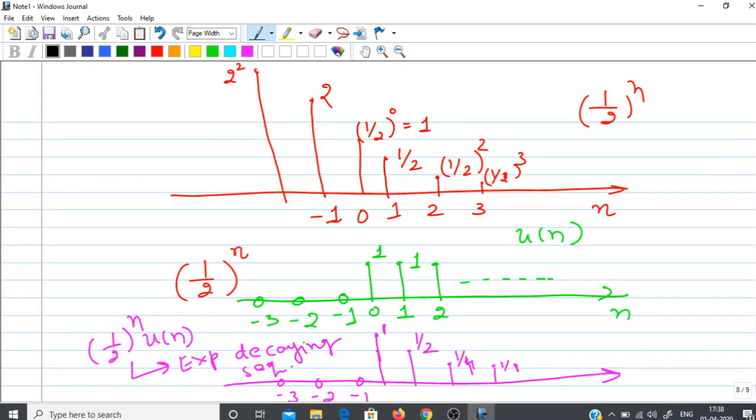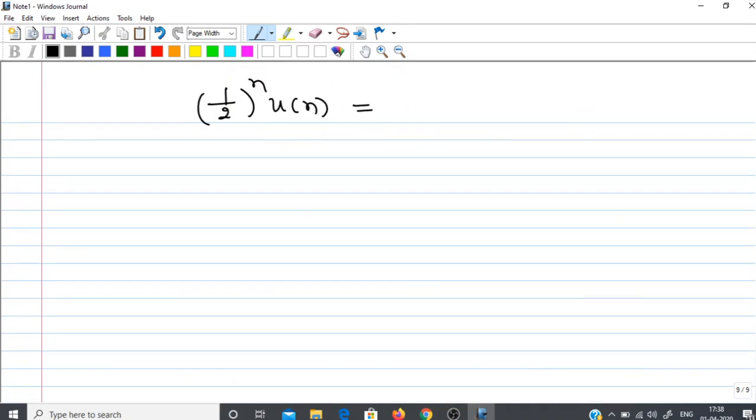So half to the power n, can it be expressed in two pieces? From this graph, it is very clear that it is half to the power n on the positive side and 0 on the negative side. So what I can write is, half to the power n un is in fact half to the power n for n greater than or equal to 0, and it is 0 for n less than 0.